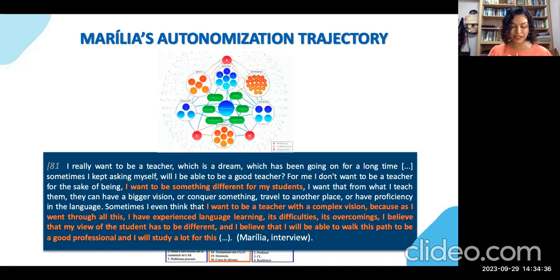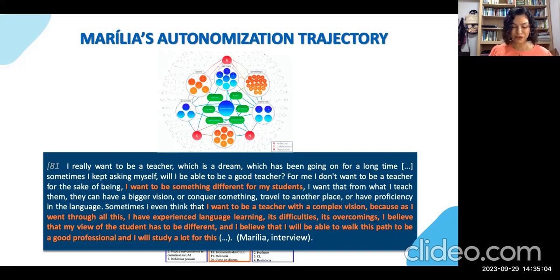Sometimes I even think that I want to be a teacher with a complex vision, because as I went through all this, I have experienced language learning, its difficulties, its overcomings. I believe that my view of the student has to be different. And I believe that I will be able to walk this path to be a good professional, and I will study a lot for this.